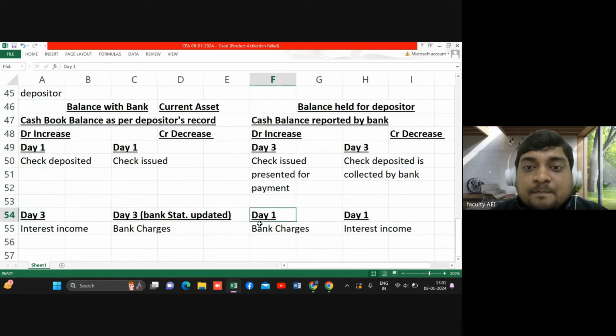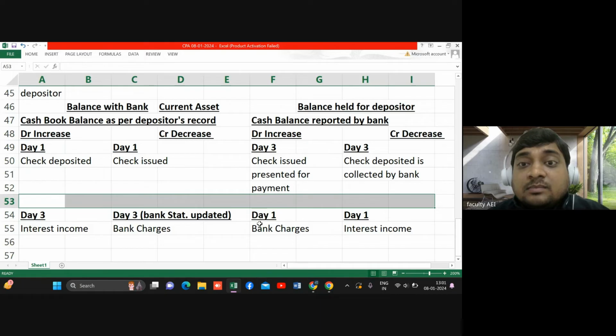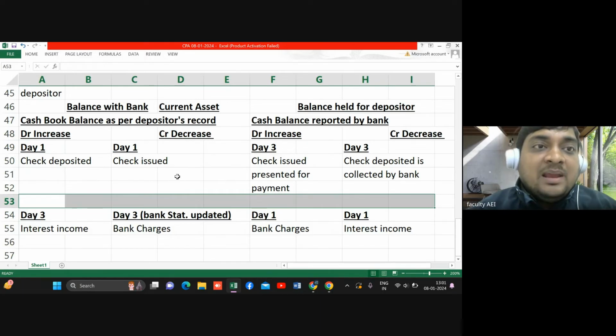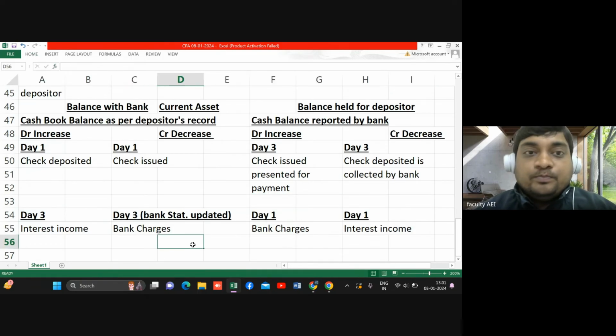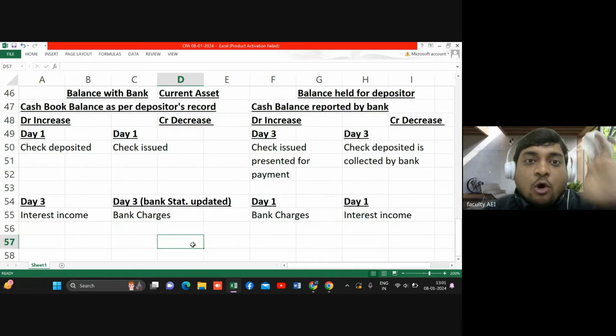Right? Now the point is that I am preparing bank reconciliation statement on day 2. Bank reconciliation is always prepared as on.